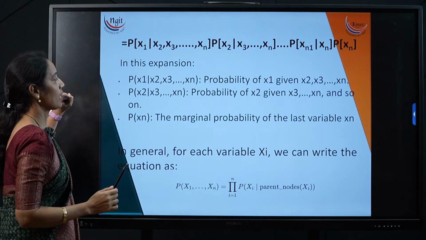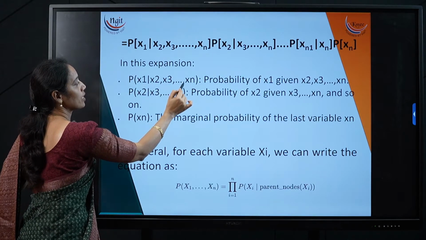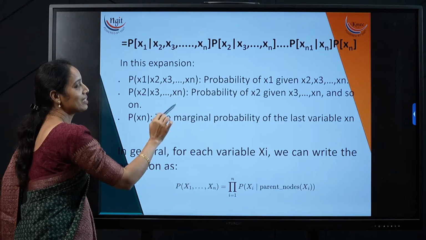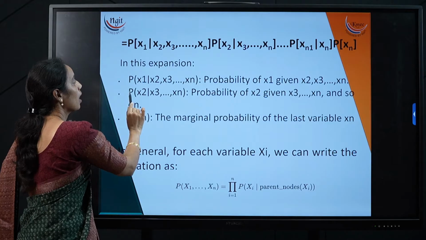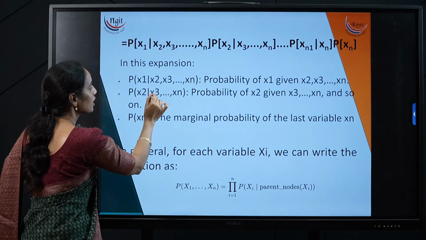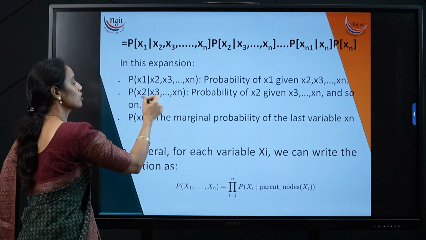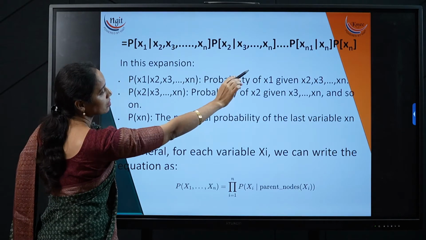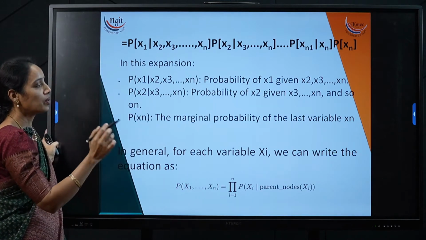So in this expansion, the probability of x1 given x2, x3 and so on stays as is, the probability of x2 given x3 stays as is, and this will continue. The last term, the probability of xn, is the marginal probability of the last variable xn.